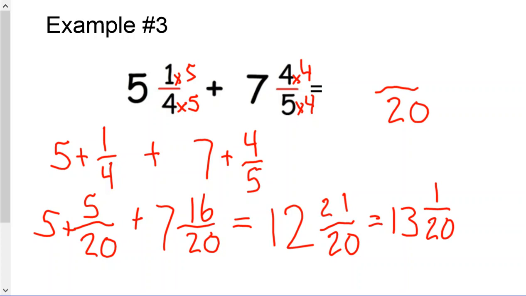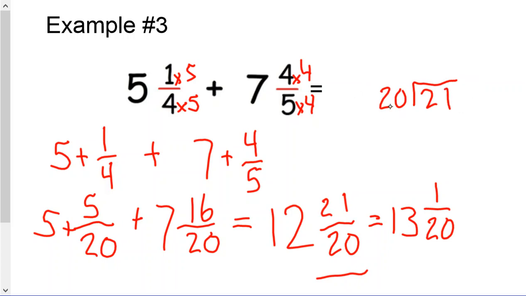Okay, now if we may be a little bit confused by all of these numbers down here, I'm going to show you 12 and 21/20. So remember, when we're dealing with fractions, we can figure out how many wholes are in this mixed number or this improper fraction by dividing the denominator by the numerator. So we would have 20 into 21.